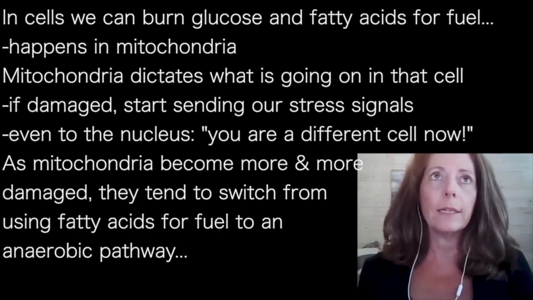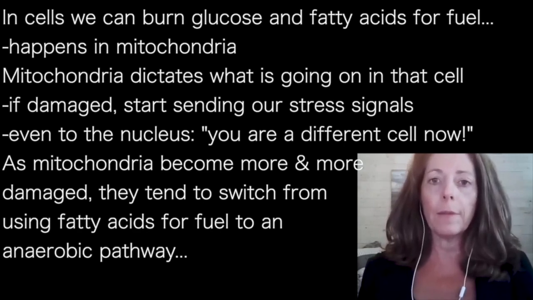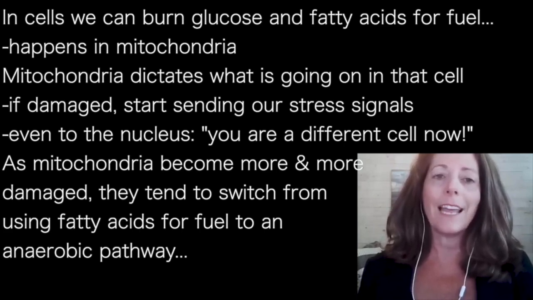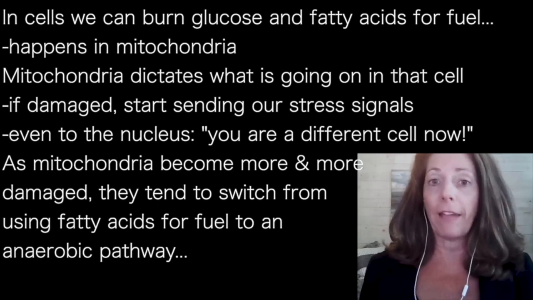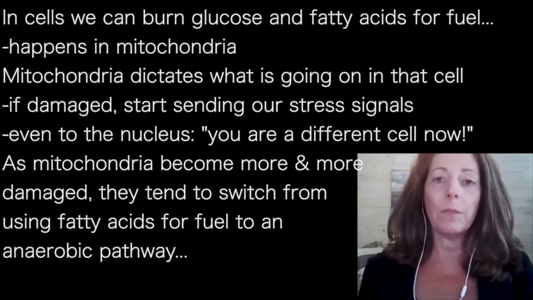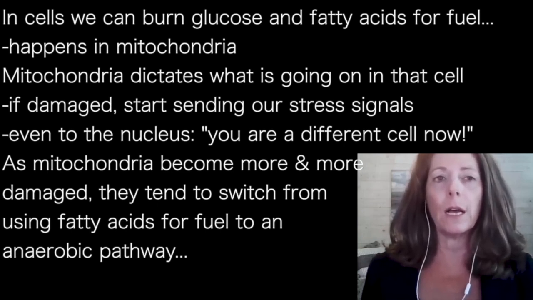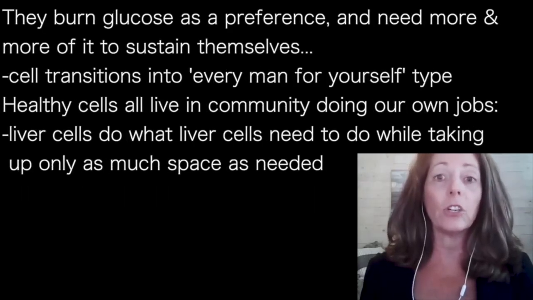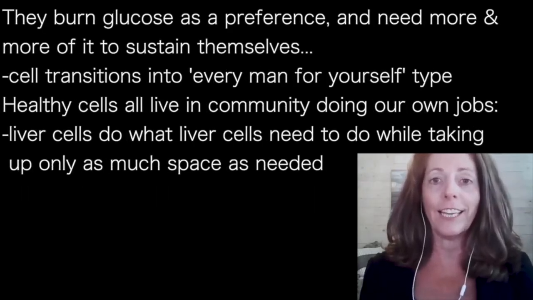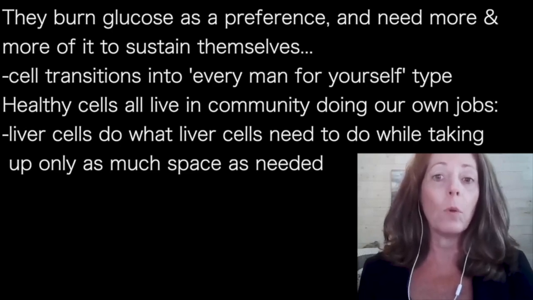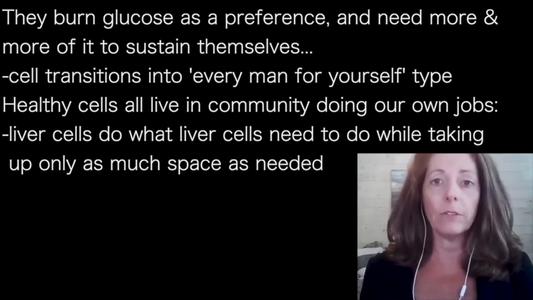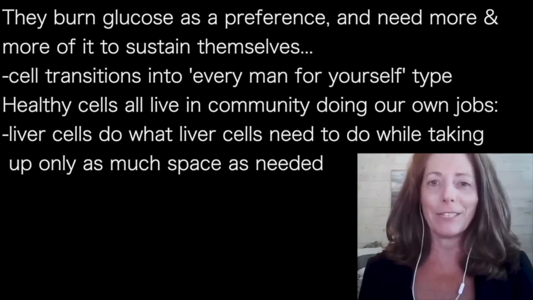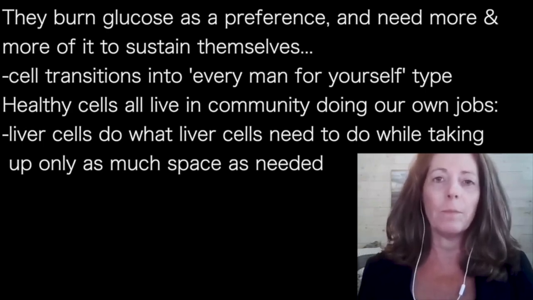As mitochondria become more and more damaged, instead of using mainly fatty acids for fuel, they convert more to using an anaerobic pathway. So even though oxygen might be around, they start to burn glucose preferentially, and they need more and more of it to sustain themselves. The cell transitions into the every-man-for-themselves type of cell.